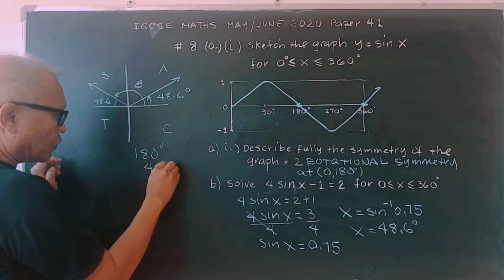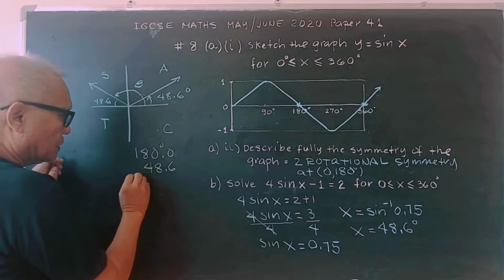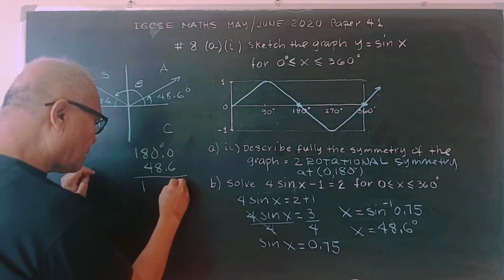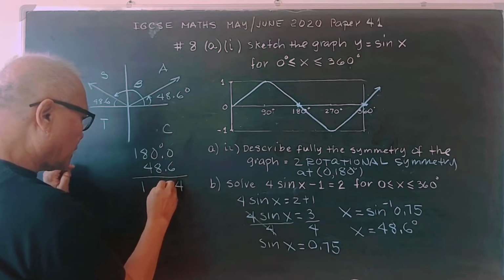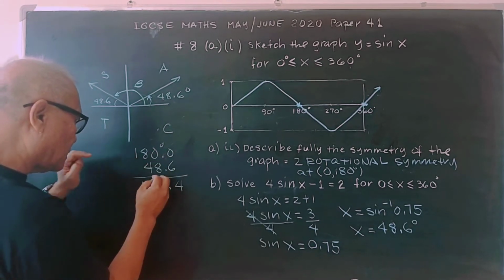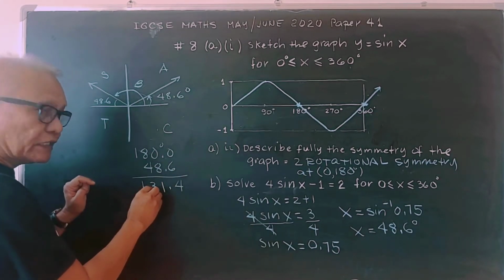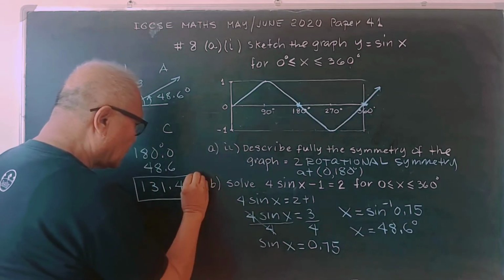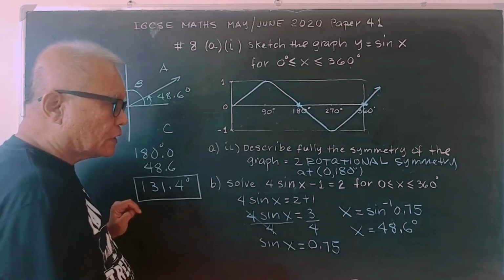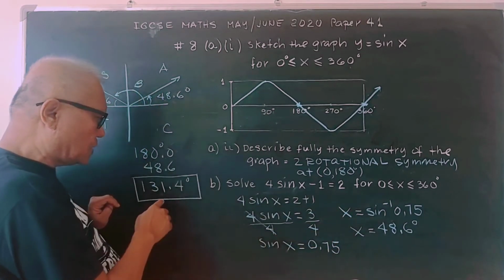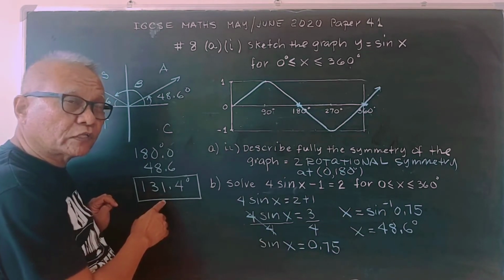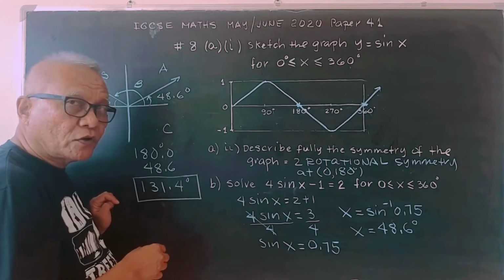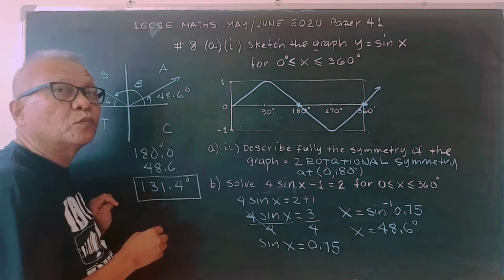So we have 131.4 degrees. So we have two values of x, 48.6 degrees and 131.4 degrees, in which sine here and sine there, they are both the same, equal and positive.